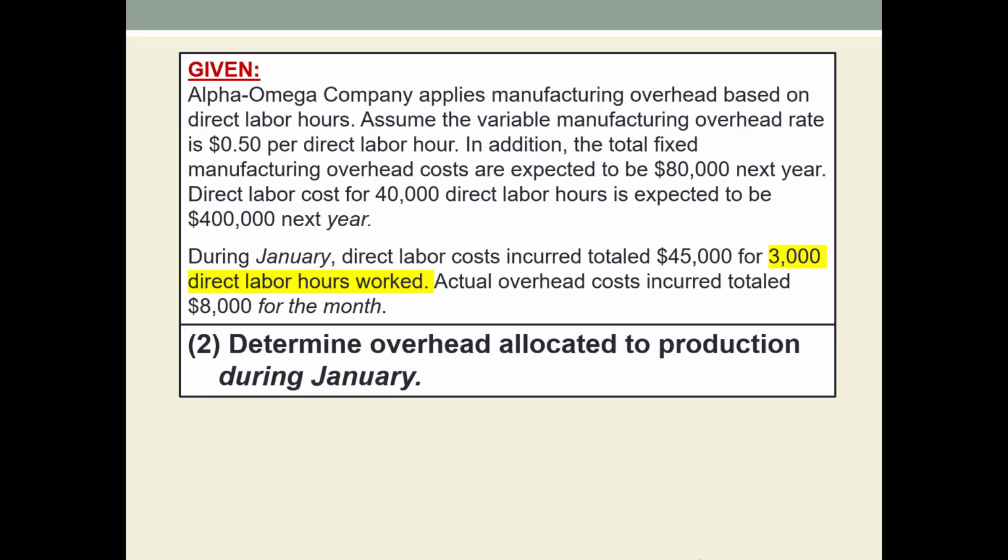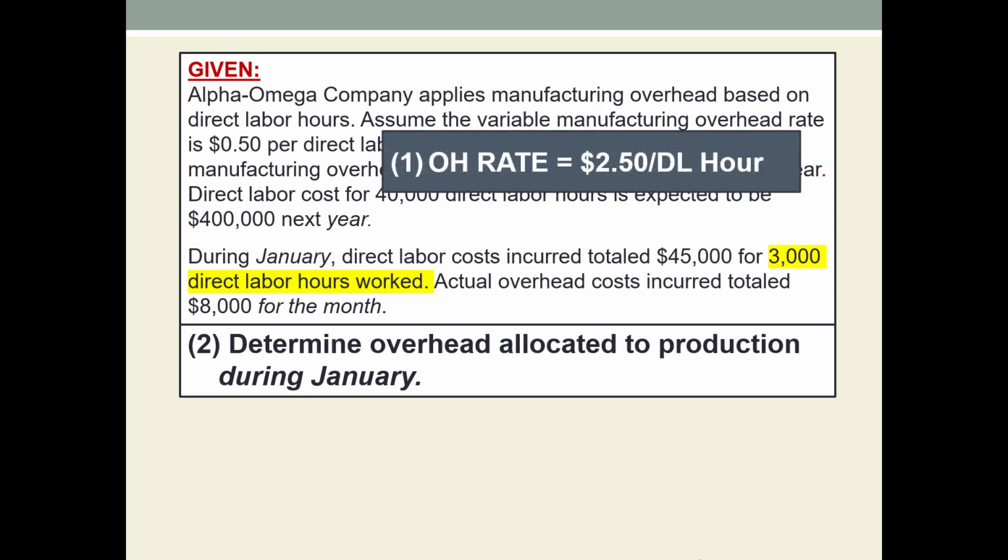The second thing we're asked to do is determine overhead allocated to production during January. Here is where we'll use our overhead applied formula. You'll recall that the overhead rate was calculated to be $2.50 per direct labor hour in Part 1.